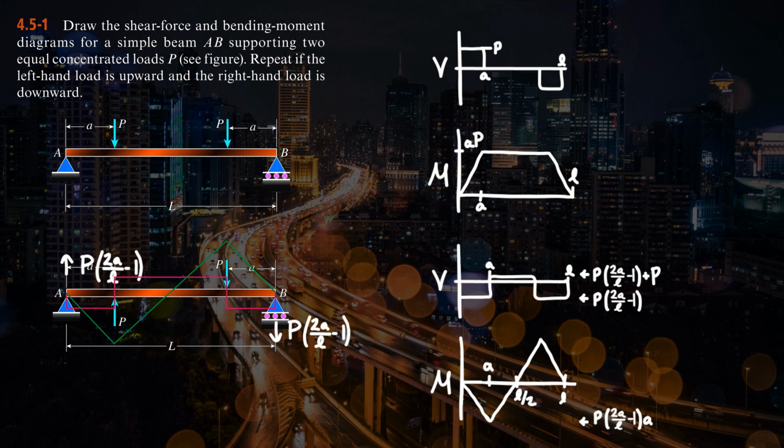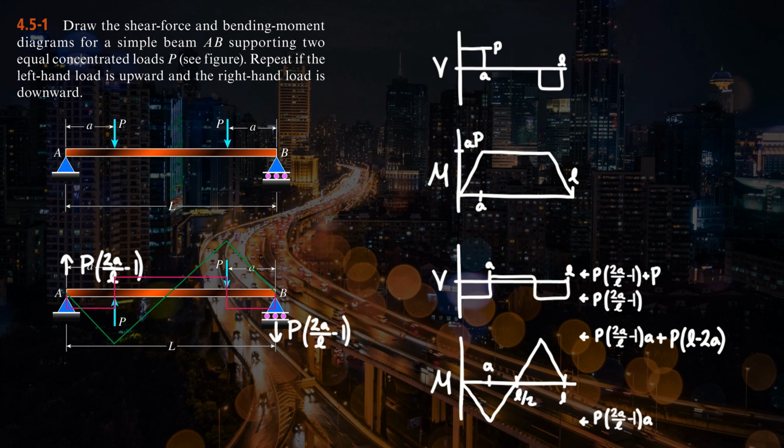So I'm going to solve for the bottom one first. Because our slope was P times 2a over L minus 1, you multiply it by our A, and that's the end. It's because it's a rectangle. And then the other one is equal, so it's going to be the same thing.